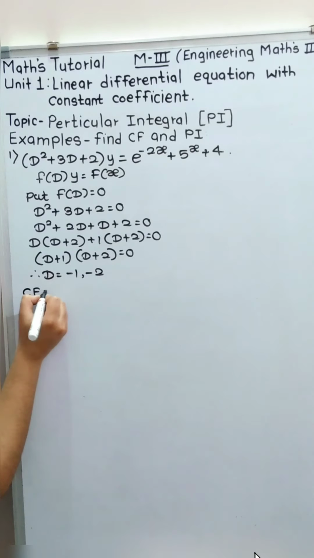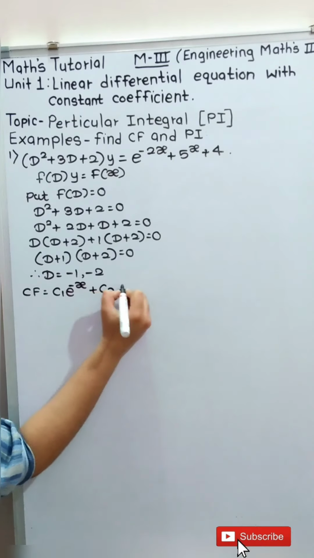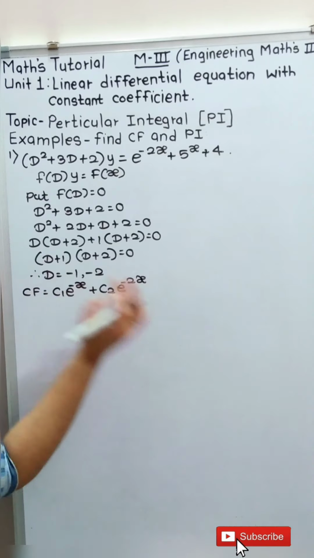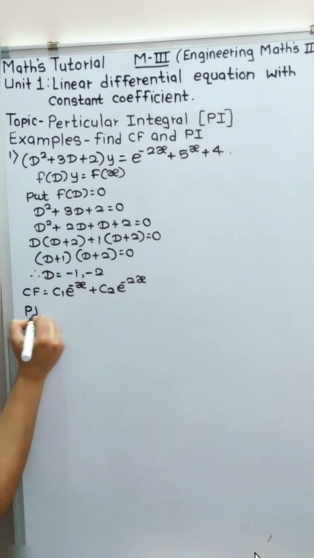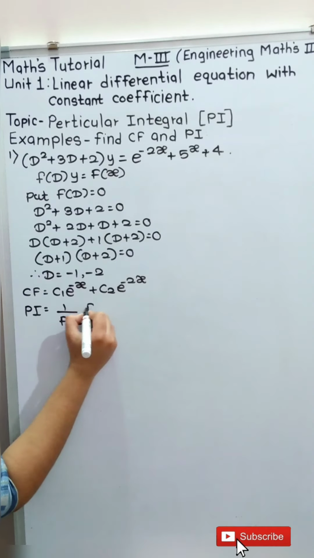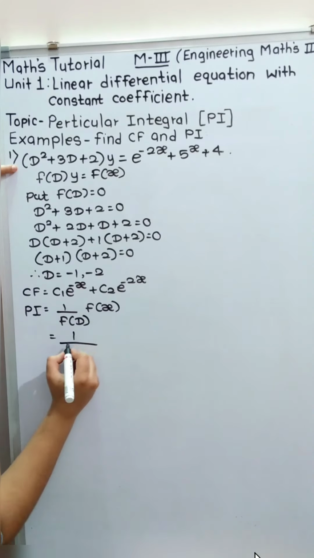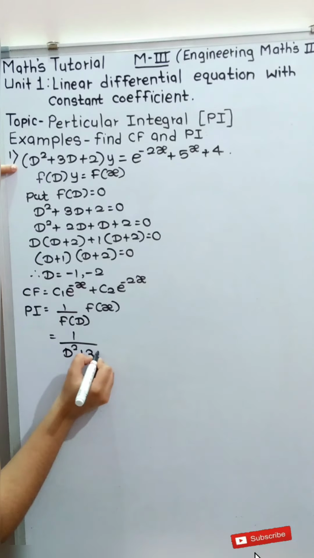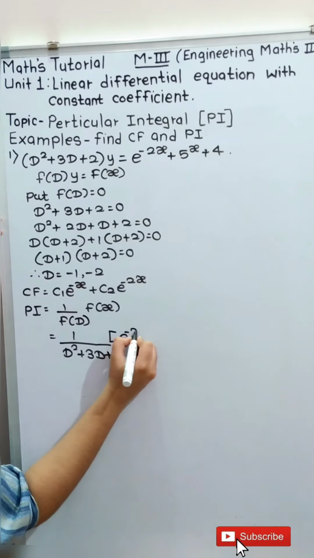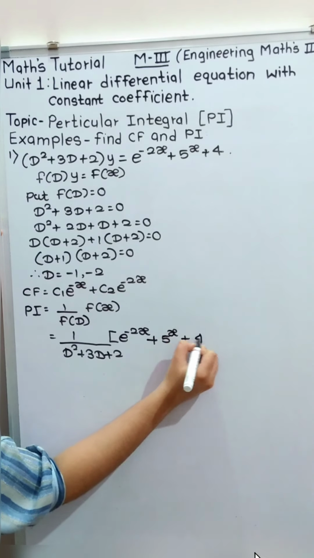So our CF is equal to C1 e raised to minus x plus C2 e raised to minus 2x, because the roots are real and not repeated. Now find PI. PI is equal to 1 upon f of D into f of x. So 1 upon D square plus 3D plus 2, and f of x means e raised to minus 2x plus 5 raised to x plus 4.